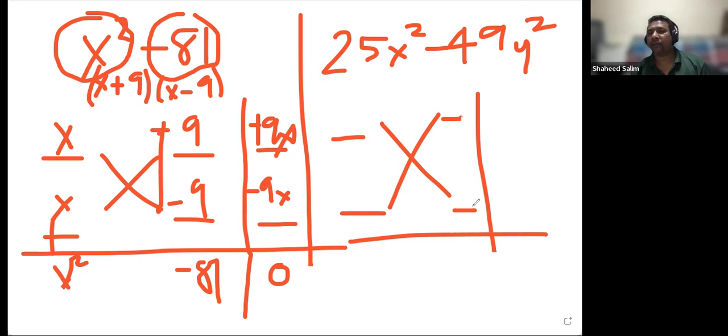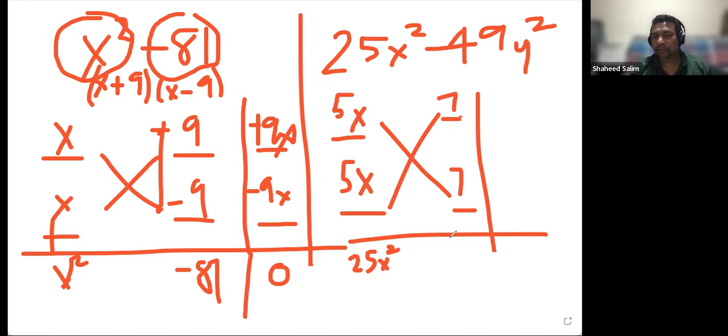So very, very, very simple. 5x, 5 times 5 is 25, x times x, so it becomes 25x squared. Good. And then 7 times 7 gives 49, but you want negative 49. So one must be plus, one is minus. I go minus and plus.